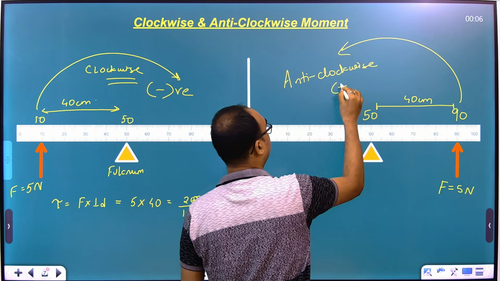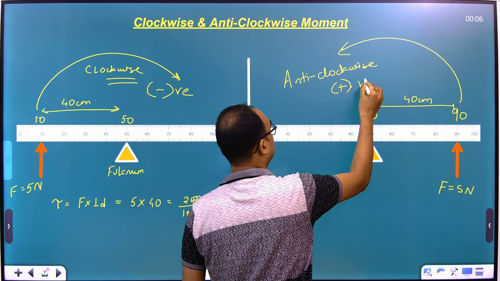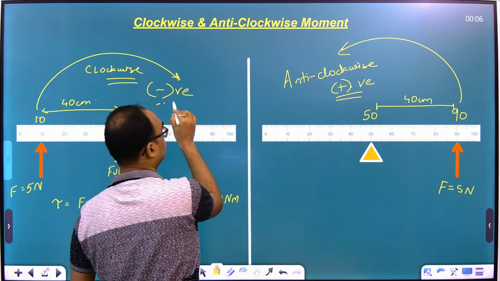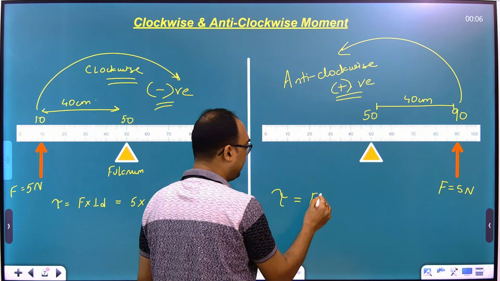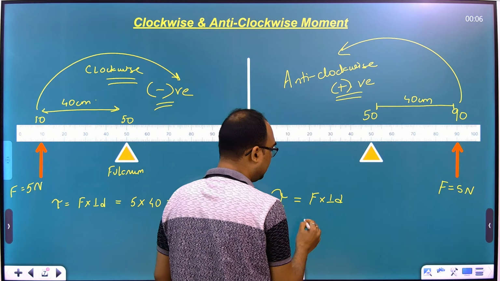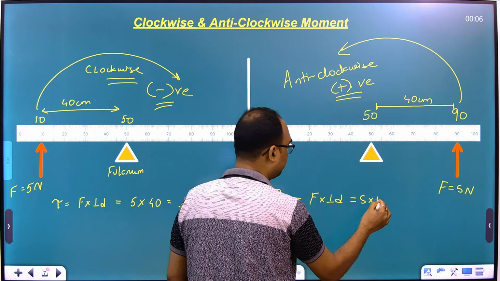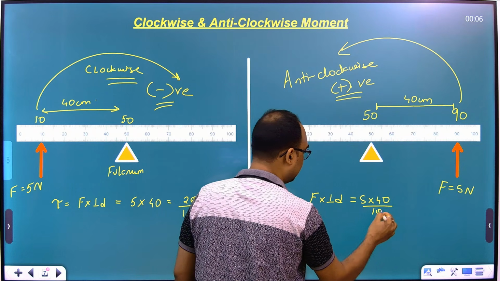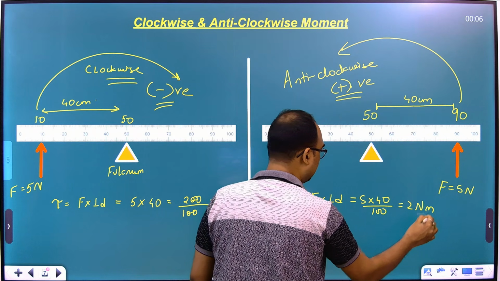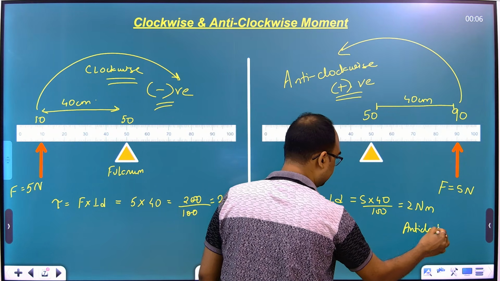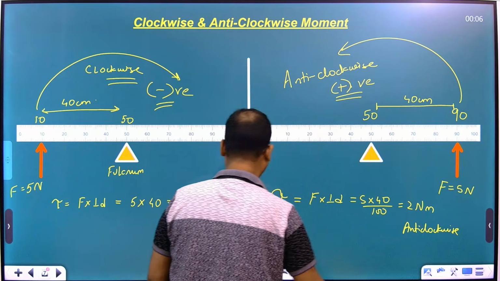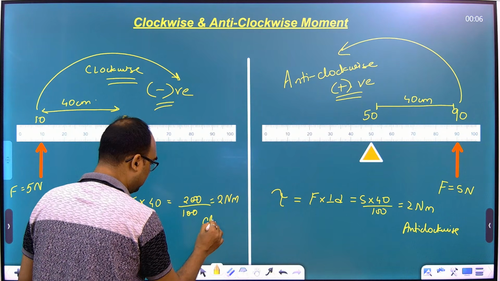And the anti-clockwise moment of force is assumed to be positive. So in this case, the moment of force will be F into perpendicular D, that's 5 into 40 by 100, that's 2 Newton meter. Final answer, anti-clockwise. And here it would have been 2 Newton meter clockwise.